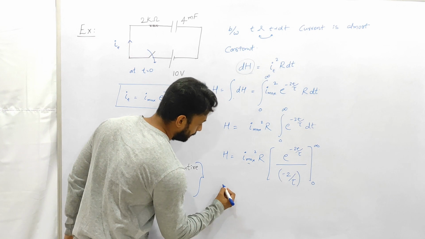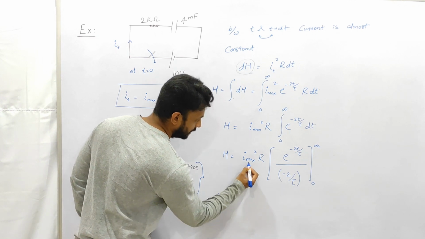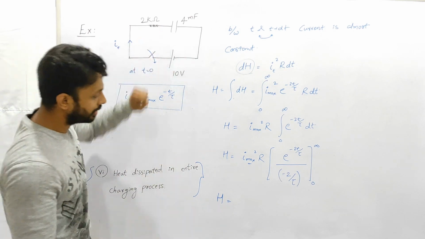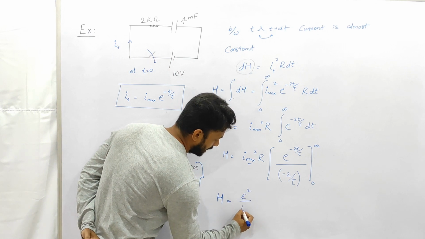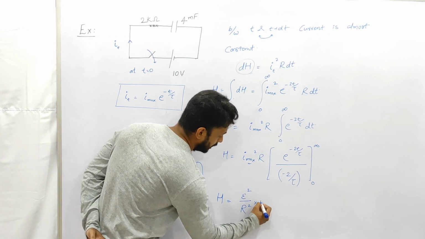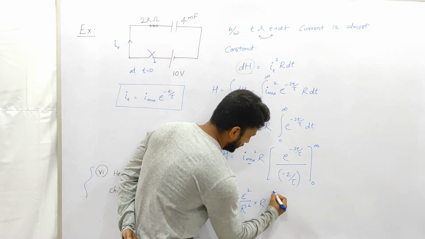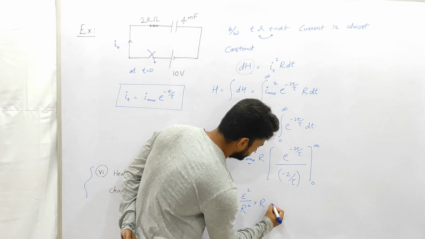Okay, so here let me put down the things. So finally that heat is equal to I max, the maximum current in the circuit, which is the EMF of the battery divided by R. So that is E square by R square into R. And here, one more thing, 2 by tau.